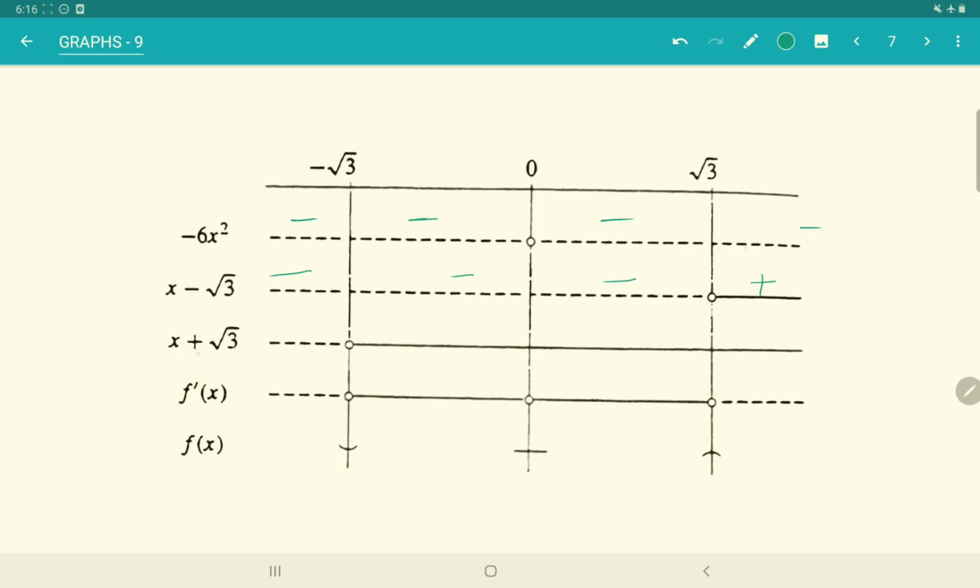If we take up x plus root 3, we know that it's positive when x is greater than minus root 3. So we see that it's positive here, and here it is negative. Now we have to study the sign variation of f prime x. For that we only have to be focused on these three factors.